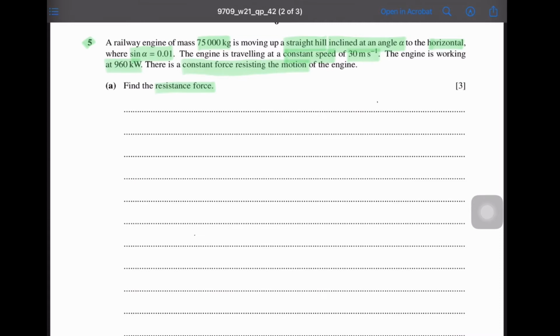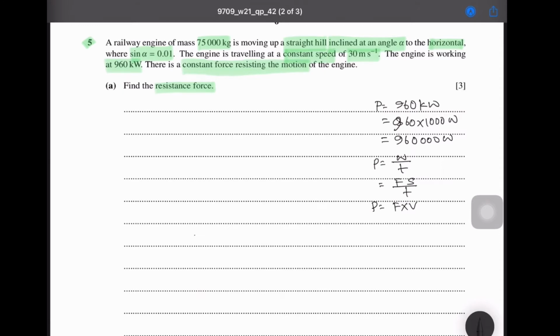Convert this power into watt. 960 kilowatt, if I multiply it by 1000, it will be in watt. 1 kilowatt equals 1000 watt. So 960,000 watt, and we know that power equals work done by time, and work done equals force multiplied by distance. So that means force into velocity.